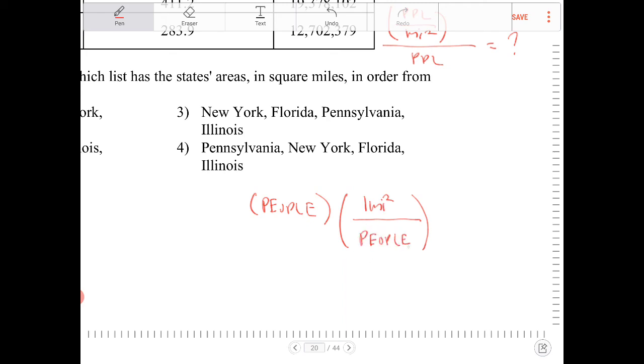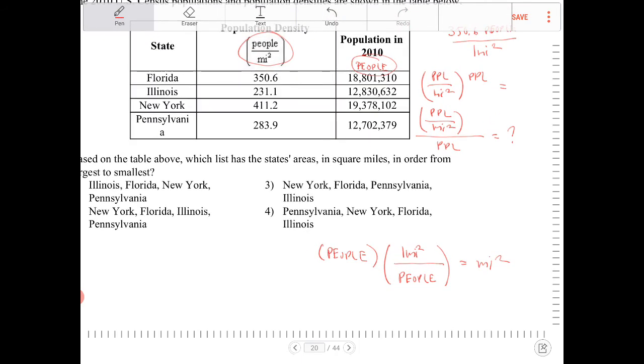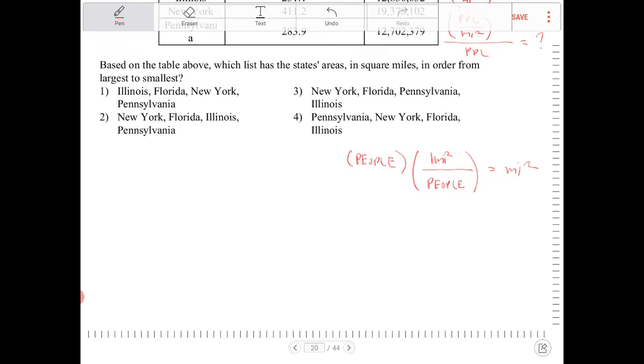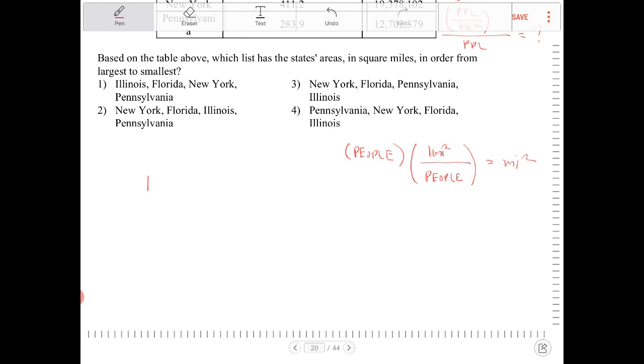If I do this, the units of people will cancel, and I'm going to be left with square miles. So what I have to do with 18,801,310, this is for Florida, this is the number of people.